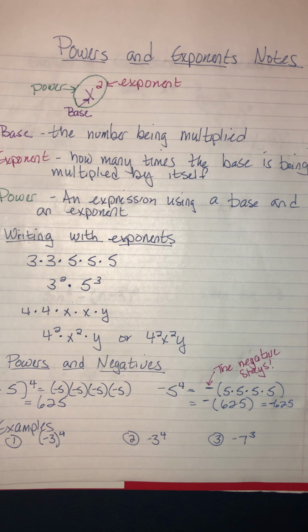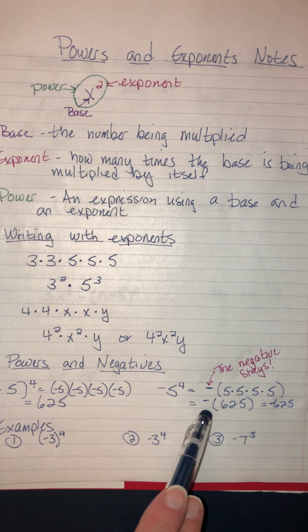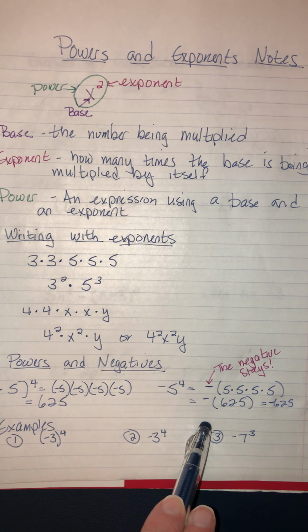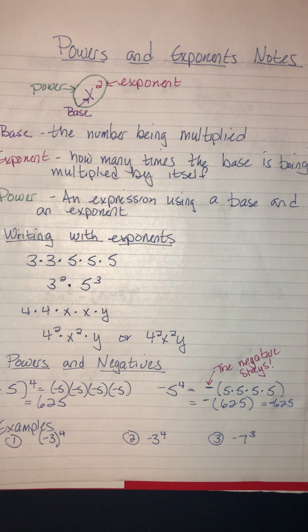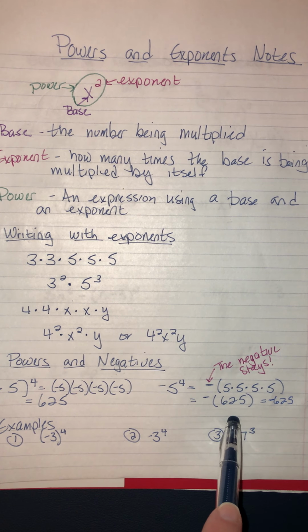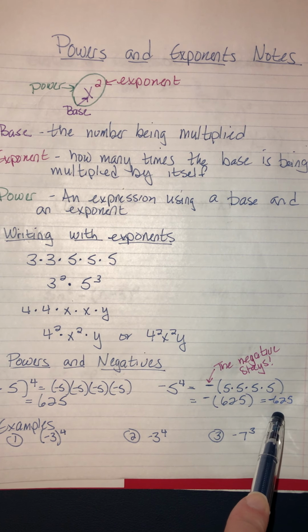So, this is like putting it outside the parentheses and then saying inside the parentheses 5 times 5 times 5 times 5. When I do my math out, I bring down my negative sign. 5 times 5 times 5 times 5 is 625. So my final answer is negative 625.